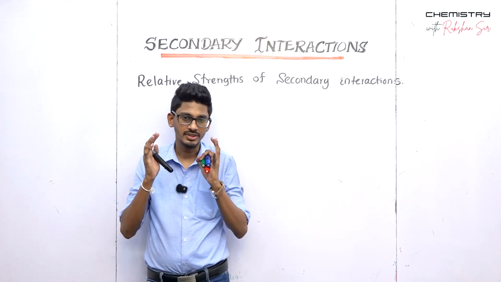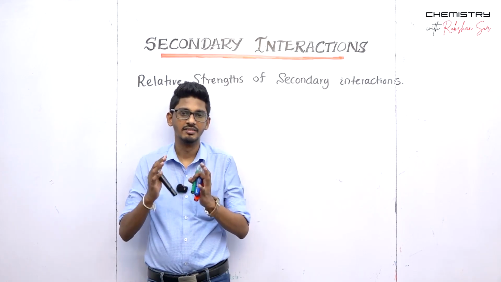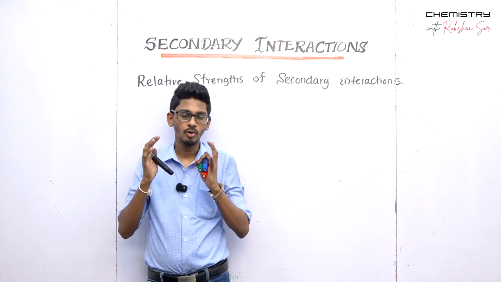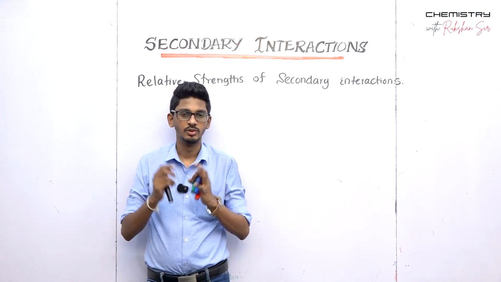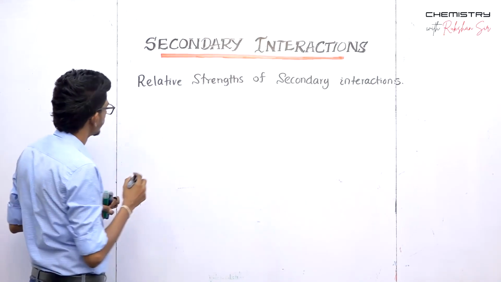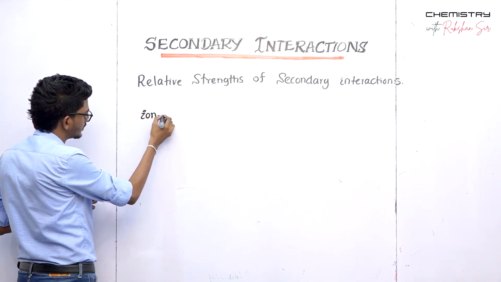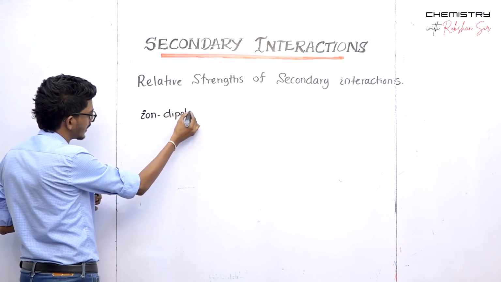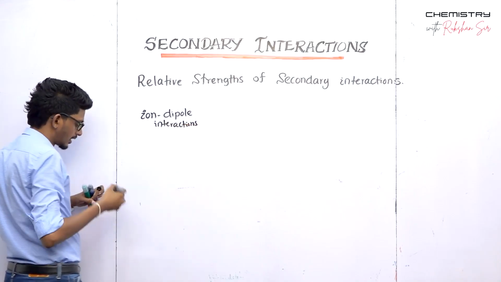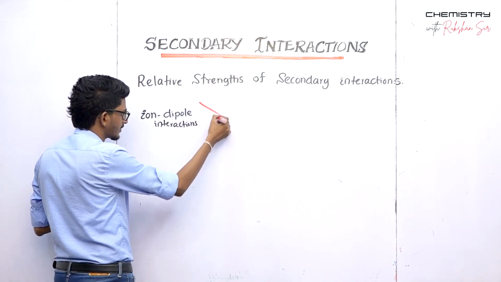And among the dipole interactions, the hydrogen bonds are going to be the best ones. We have learned that in the last class. So taking all of these into account, we can conclude the interaction strength variation like this. The strongest secondary interaction kind is ion-dipole interactions. Those come up with the strongest attractions.